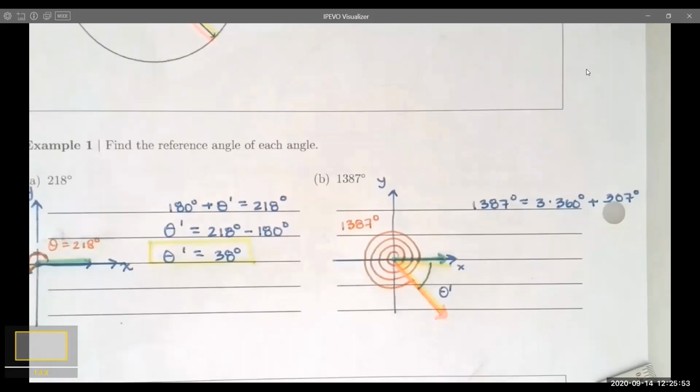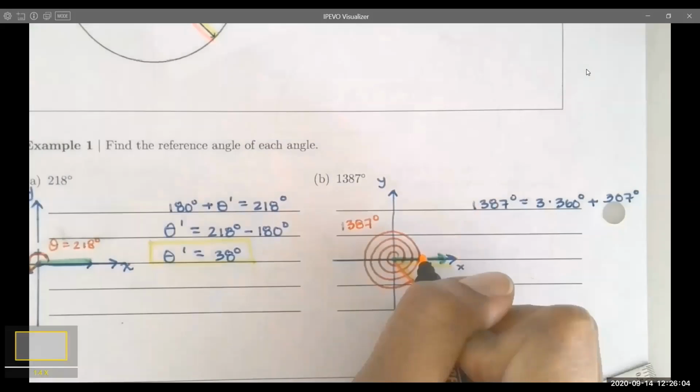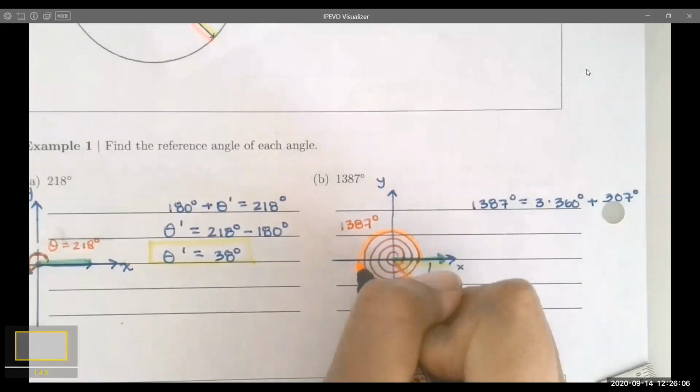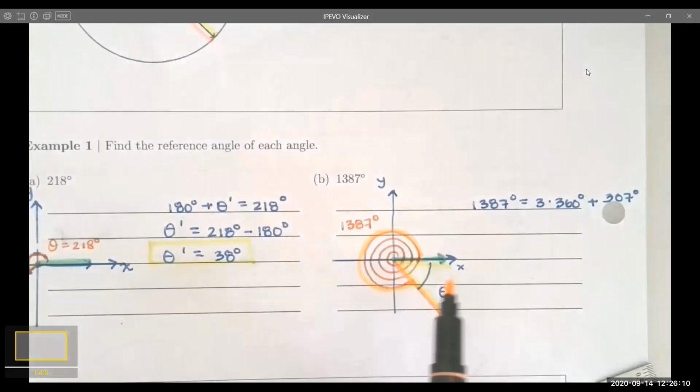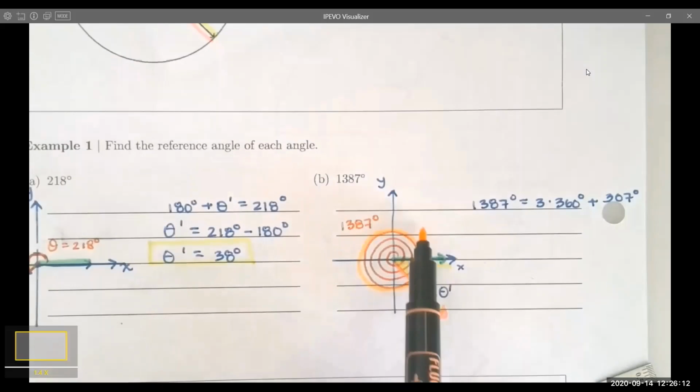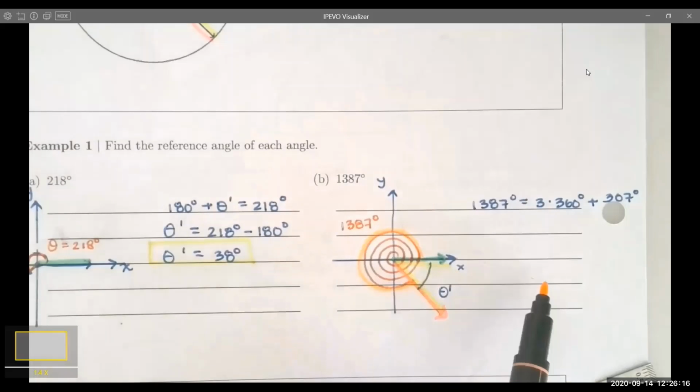Well, instead of considering the full 1387 degrees, I just want to consider this smaller piece. Let me color code that smaller piece. I just want to consider that smaller angle and add it to theta prime, because whatever that angle is, when I add it to theta prime, it will give me 360.